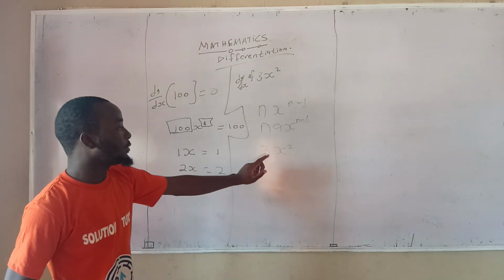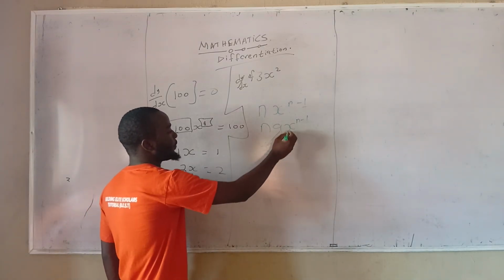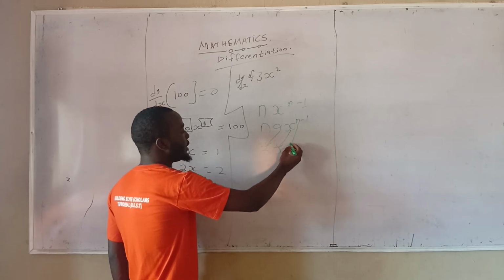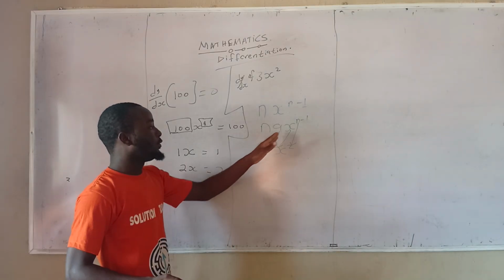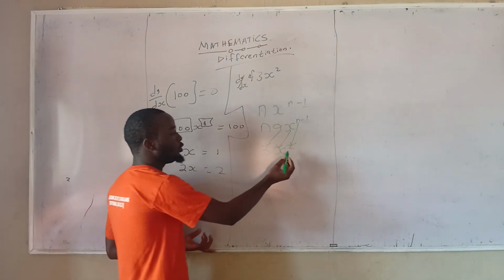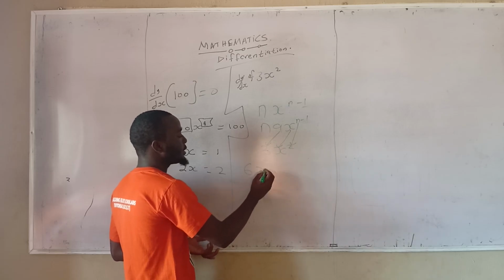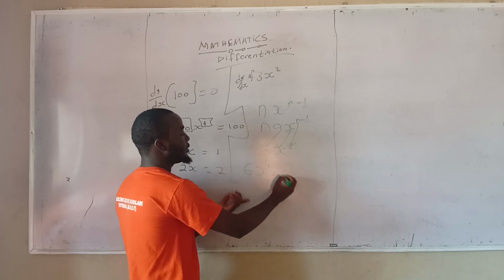So your a in this case will be 3, your x is x, and your n is 2. That is, to do the differentiation, you use the power to multiply the coefficient: 2 times 3, 6, then 2 minus 1, 1. 6x raised to power 1, 6x.